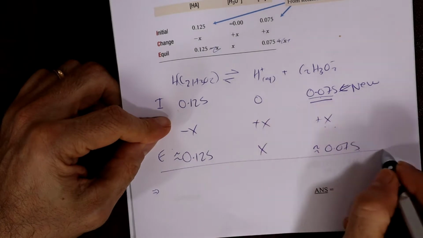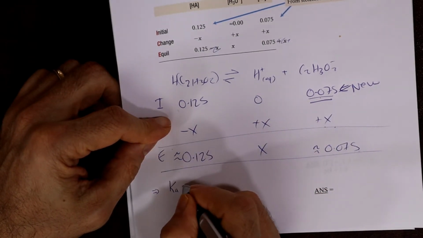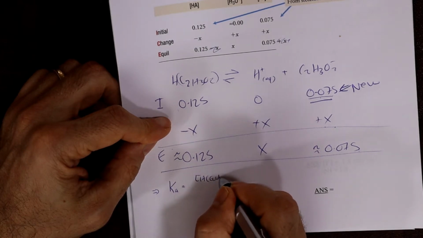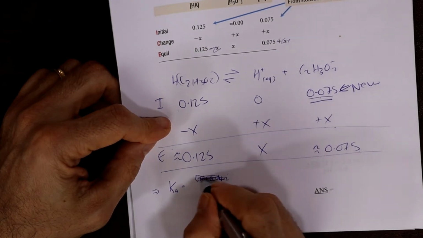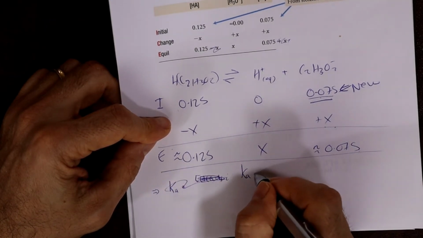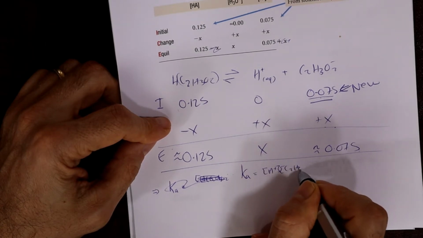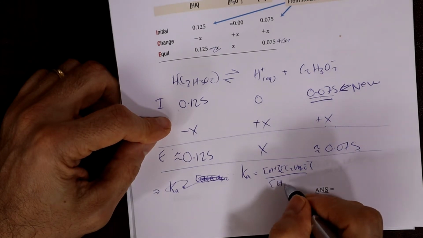If you want to try and just stick it in the K math, you can. Ka equals products over reactants. Ka equals H plus times A minus over HA.